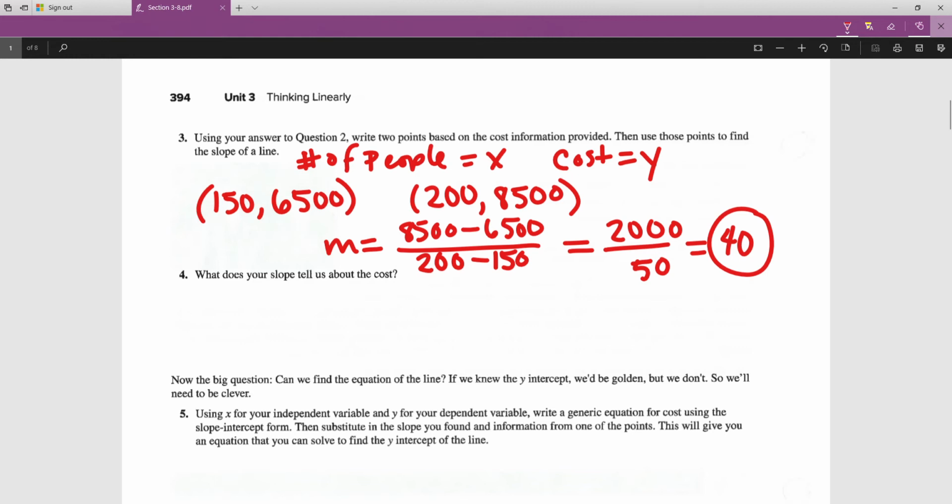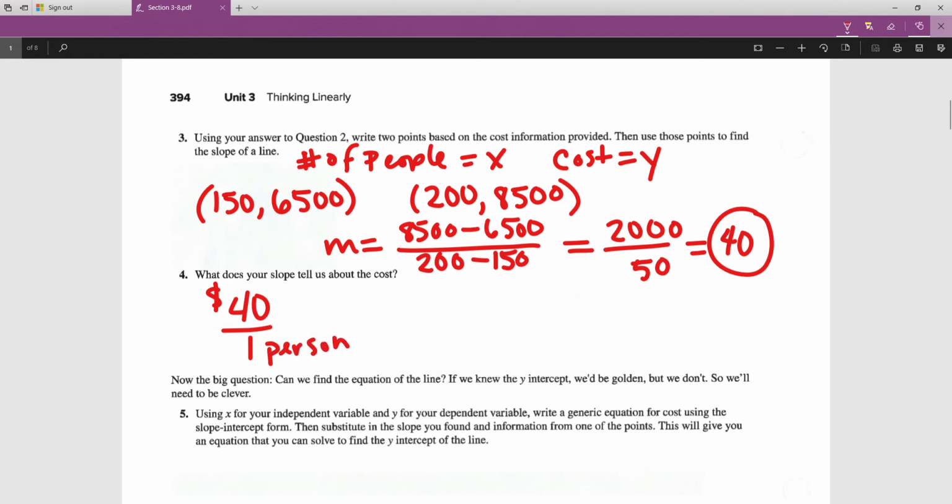What does that tell us? We always want to think about what does that mean and how can we apply that? So what does our slope tell us about the cost? What that means is that this is 40 over 1, and the change in the dependent variable is money, and then the change in the number of people is 1 person.